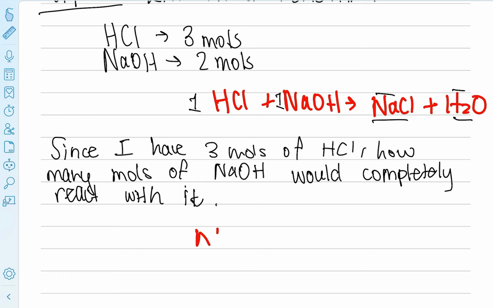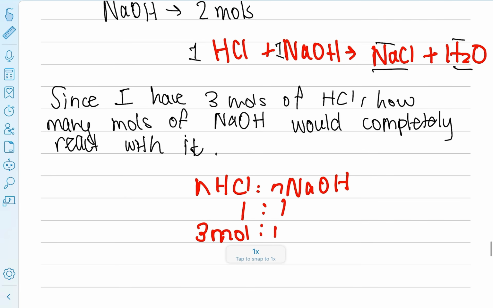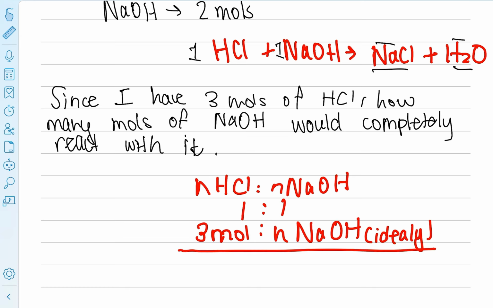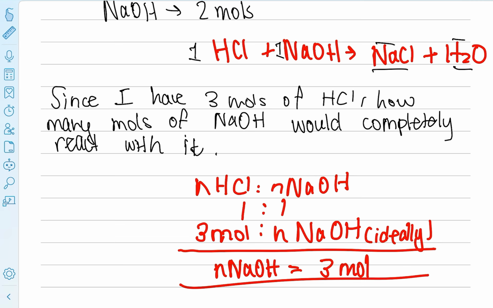You say the ratio of hydrochloric acid to sodium hydroxide is 1:1. So since I have 3 moles of hydrochloric acid, how many moles of sodium hydroxide? And guys, you can even label it and say ideally, how many moles of sodium hydroxide would I need? And you'll see that ideally for a complete reaction, you'd need 3 moles of sodium hydroxide.